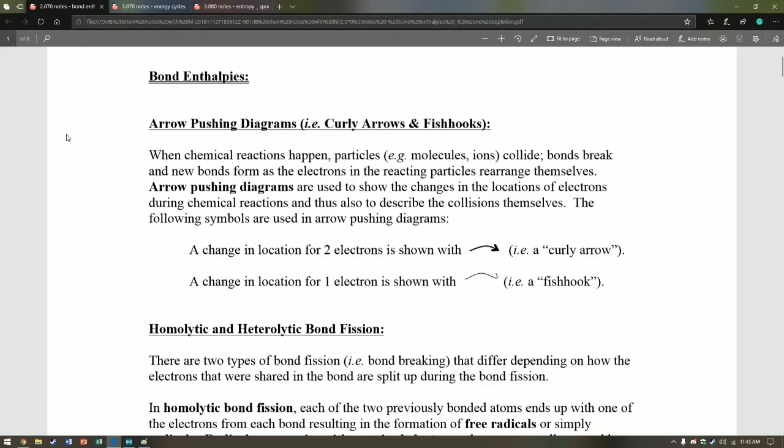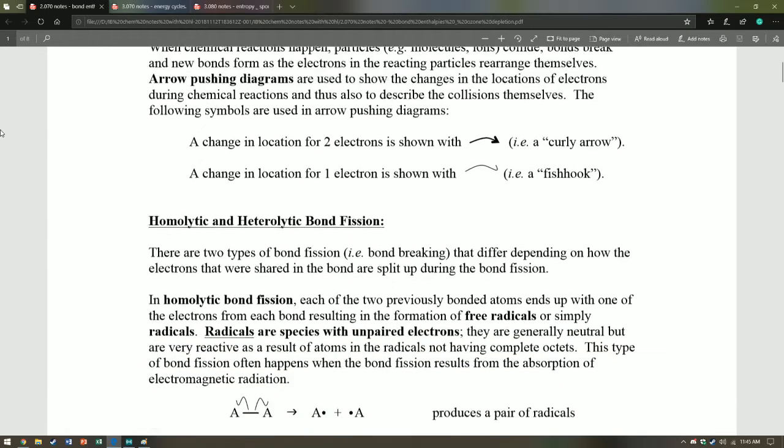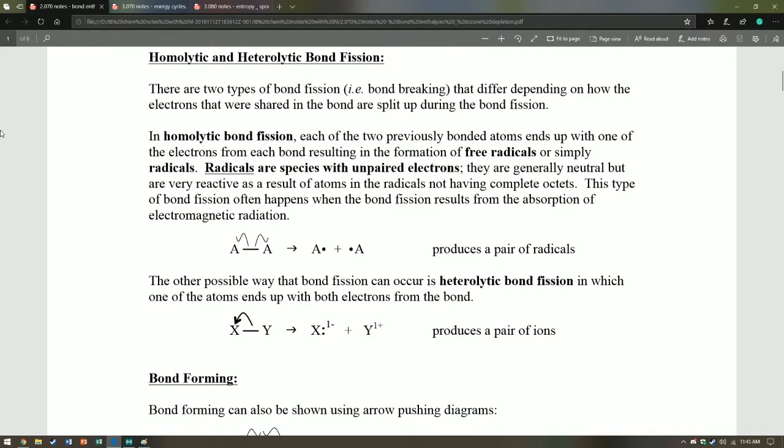There are two types of bond fission or bond breaking that differ on the electrons that were shared. So we can have a homolytic bond fission or heterolytic bond fission. Homolytic meaning one electron goes to each atom that was part of the bond, and heterolytic is where a pair of electrons goes to one species and you form a cation and an anion.